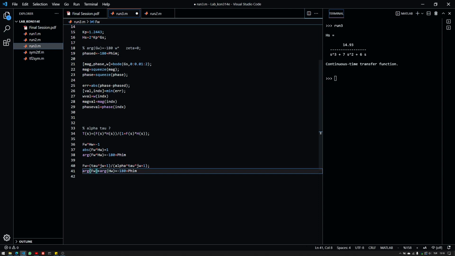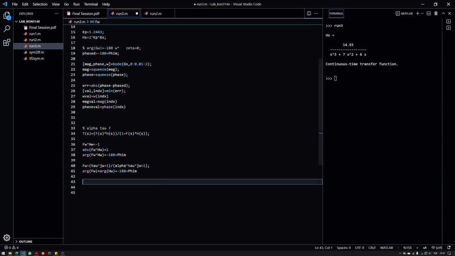And that's basically it. Now, we didn't mention the time domain design of the lag controller, but the assumption that I'm going to make is the following. I assume, and we will see why, that the angle contribution here should be hopefully less than or equal to 10 degrees.